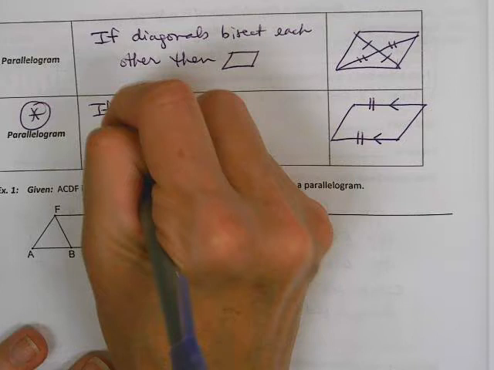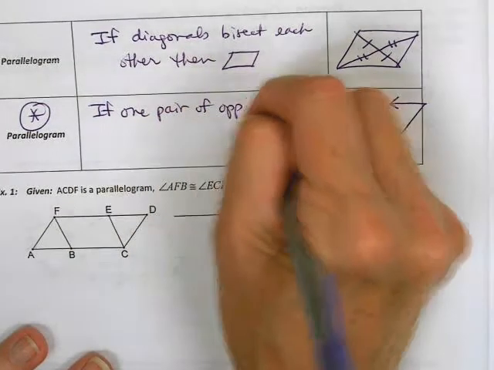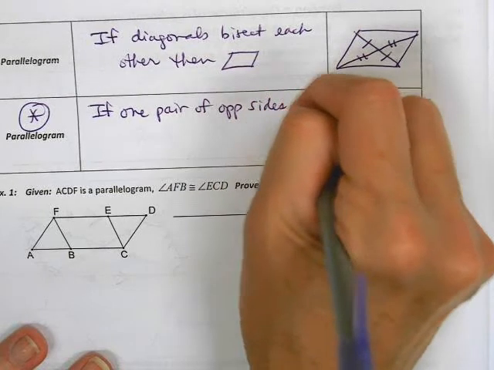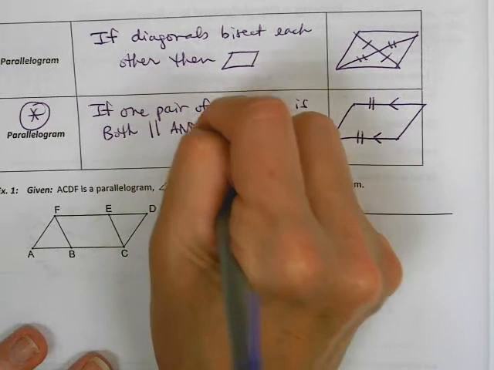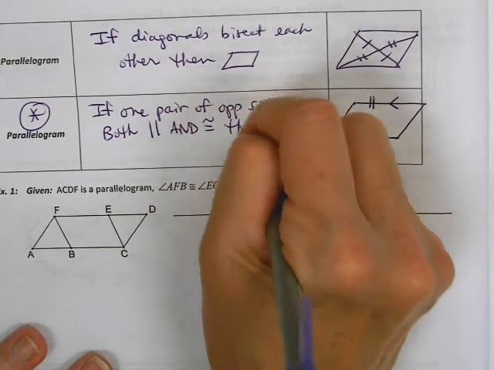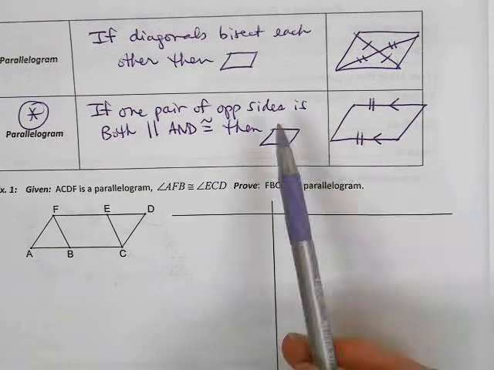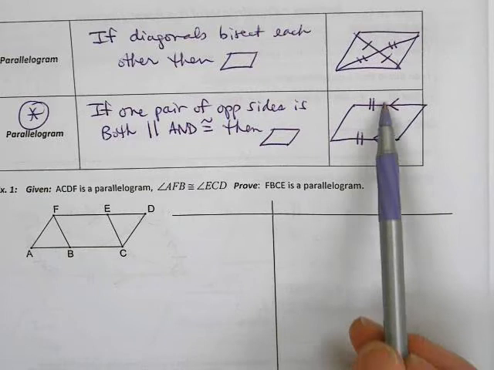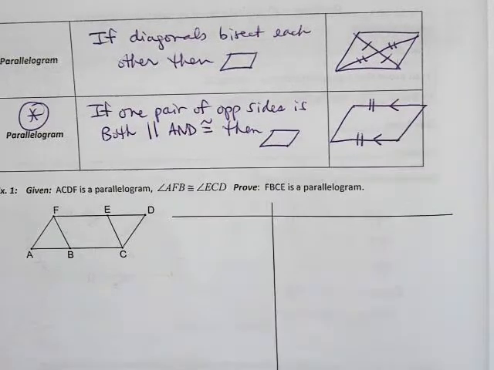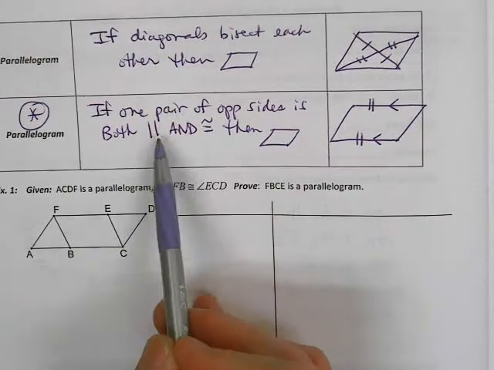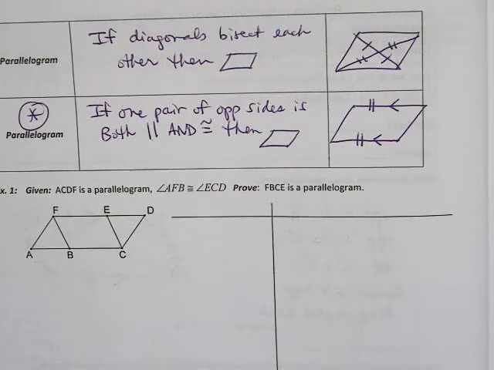So I'm going to say if one pair of opposite sides is both parallel and congruent, then you have a parallelogram. Common mistake, it has to be the same side. So I can't have these two parallel and these two congruent, right? It has to be that same exact pair, has to be both parallel and congruent. So it can't be one pair is parallel and the other pair is congruent.